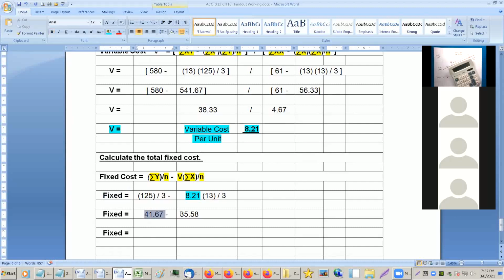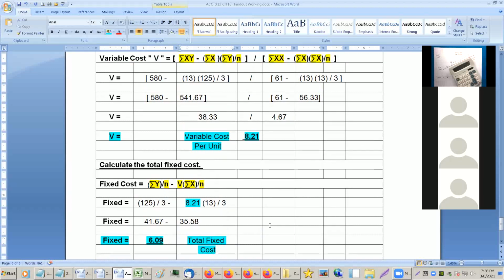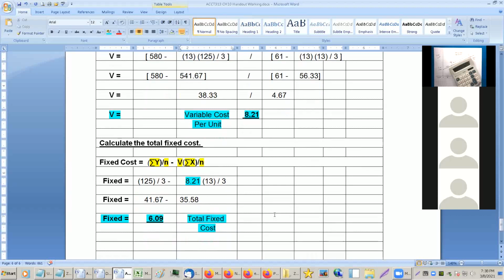So this total cost minus the variable cost will leave us our fixed cost, whatever that is. 40. So that's that one.